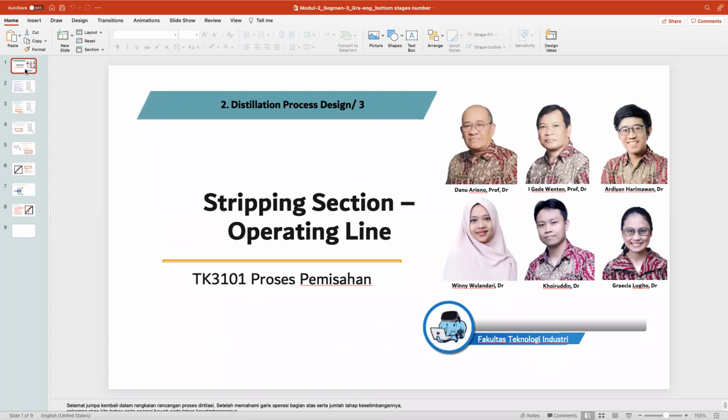So the first one. We finished the operating line for the enriching section. Now let's go to the stripping line, the stripping section.